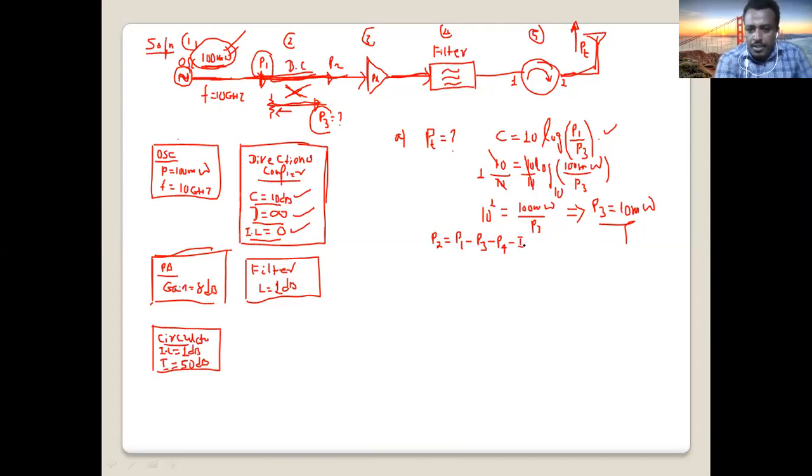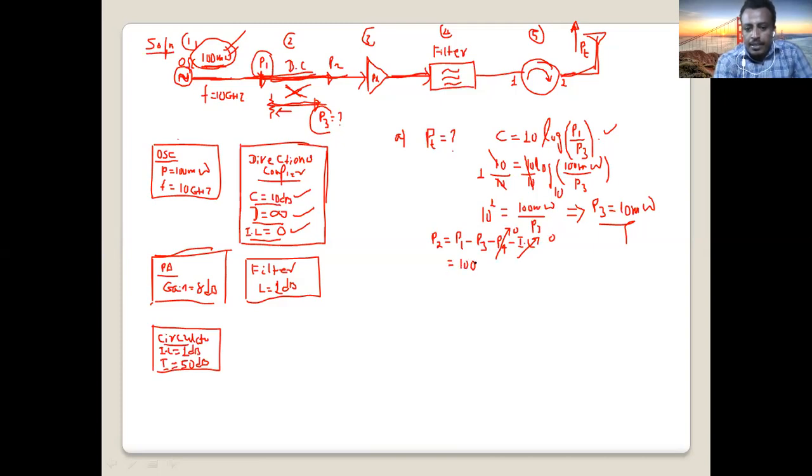This is our formula, right? So look, if you apply 100 milliwatt as input, some power goes to port 3, some power goes to P4, some power is lost. Now, no loss, no coupling in the wrong direction. These are 0. So what remains? P1 minus P3.